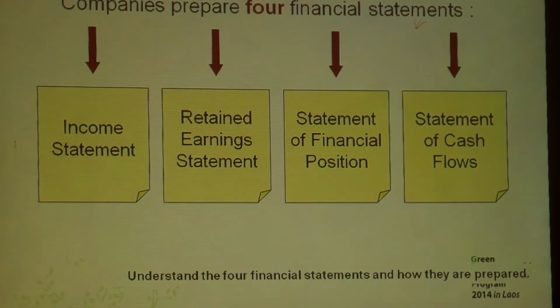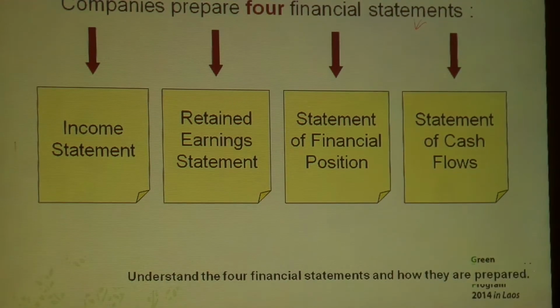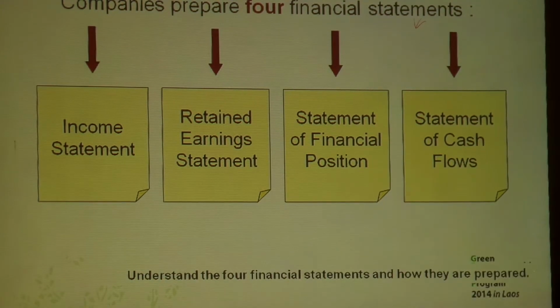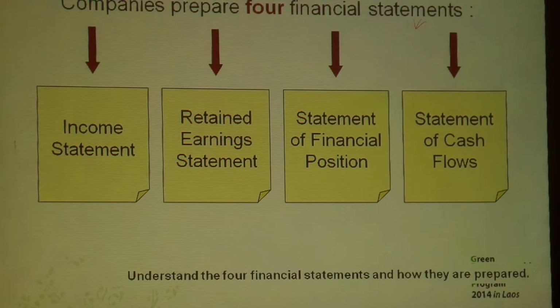But accumulated depreciation is a balance sheet item. So we call this a contra asset account. Anybody knows what contra means? C-O-N-T-R-A. Something against, right? Contra means against.